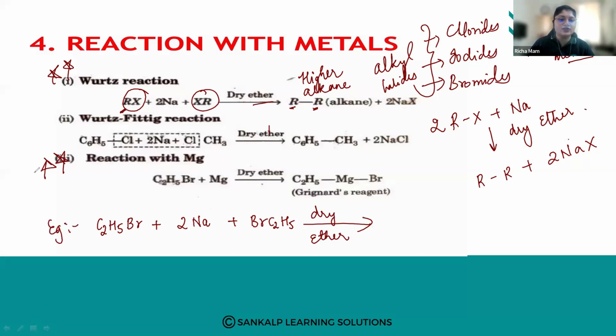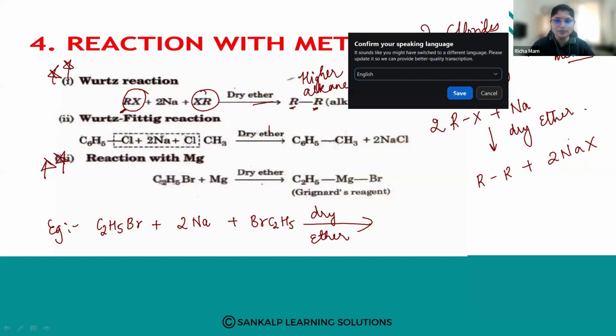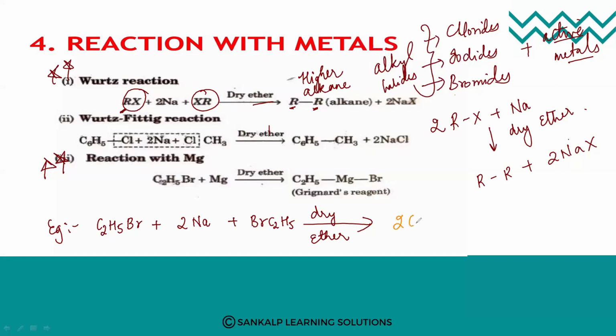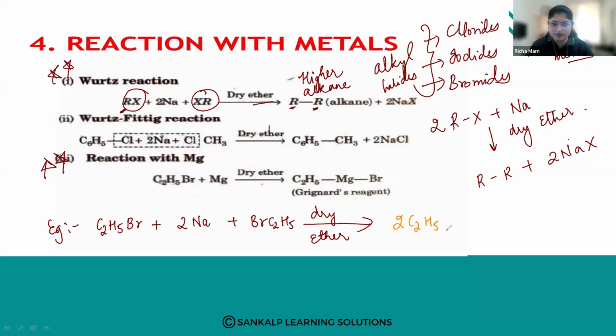Students, what will be the product obtained? 2C2H5Br plus 2Na gives C2H5-C2H5 plus 2NaBr.